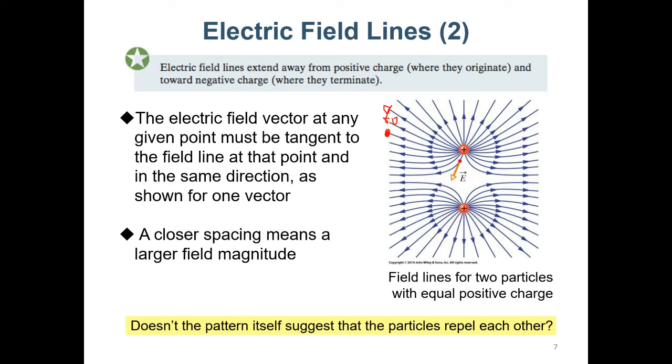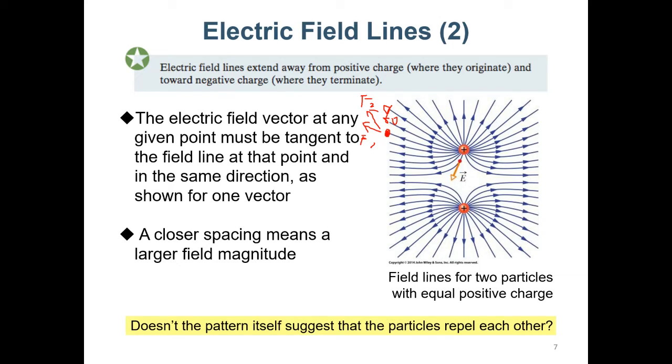Then this charge Q0 will have an electrostatic force from the upper charge, and another electrostatic force from the lower charge, and then you add them together, F1 and F2. Then you have a net force, and you divide it by Q0. Then this is the electric field at this point.